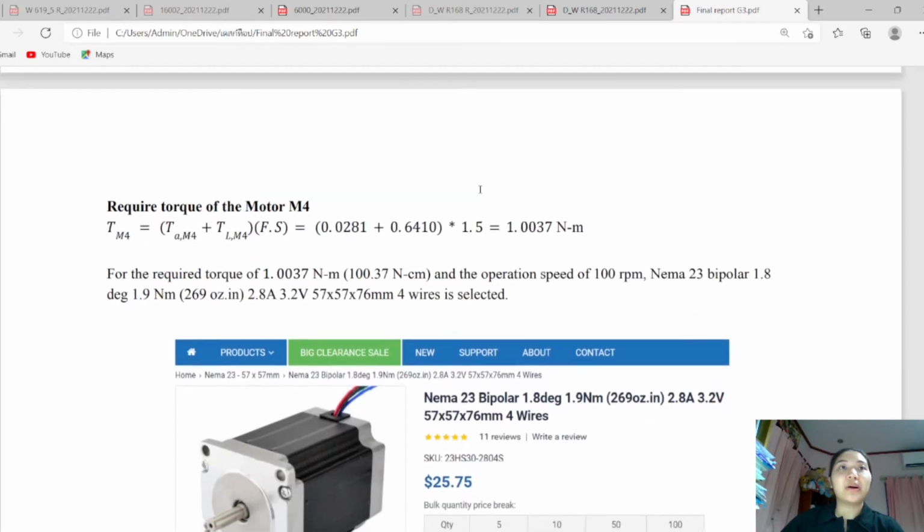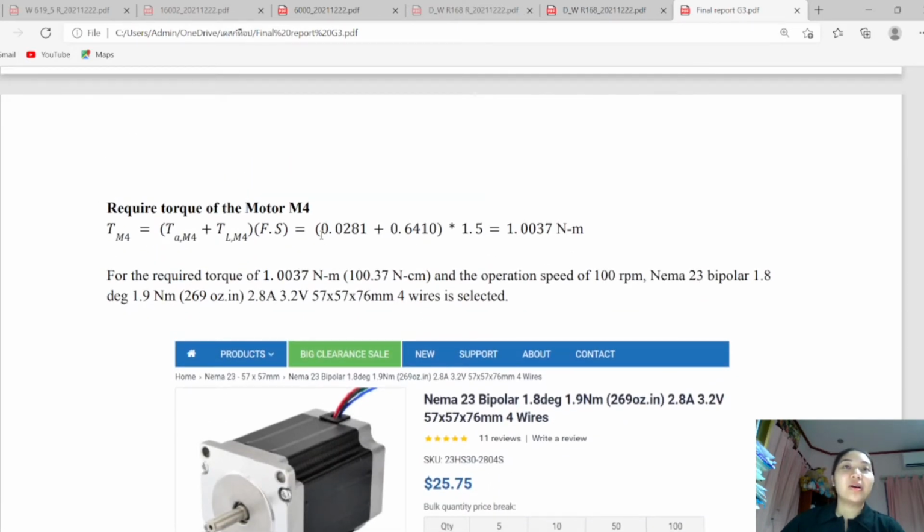And acceleration torque is 0.0281 and load torque is 0.6410, and we got required torque 1.0037 Newton meter.